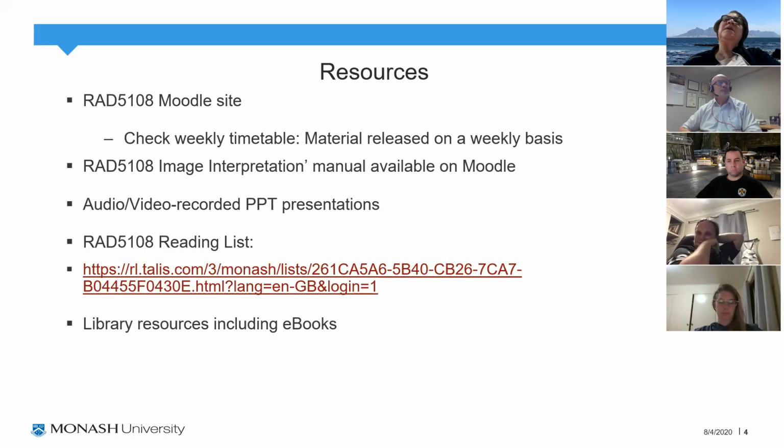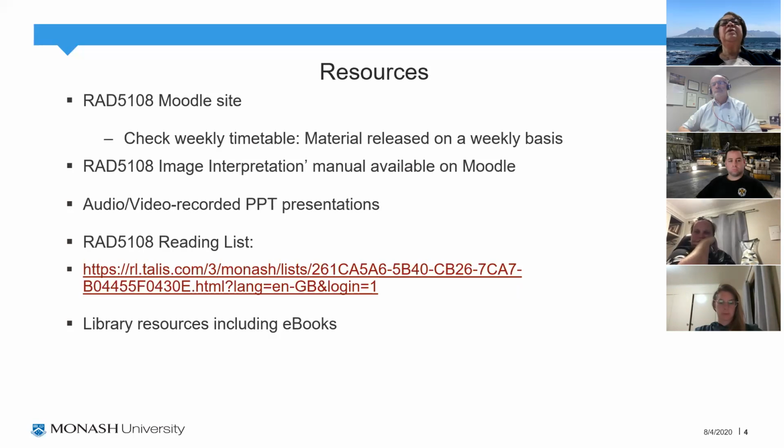So it's important that you consult the timetable that is already available, so that you can actually see what we are doing, because in the timetable, I've also put in all of the assessments and which of the weeks they will take place. There are a number of electronic resources available. One of those is the image interpretation manual, but there are also going to be recorded presentations.